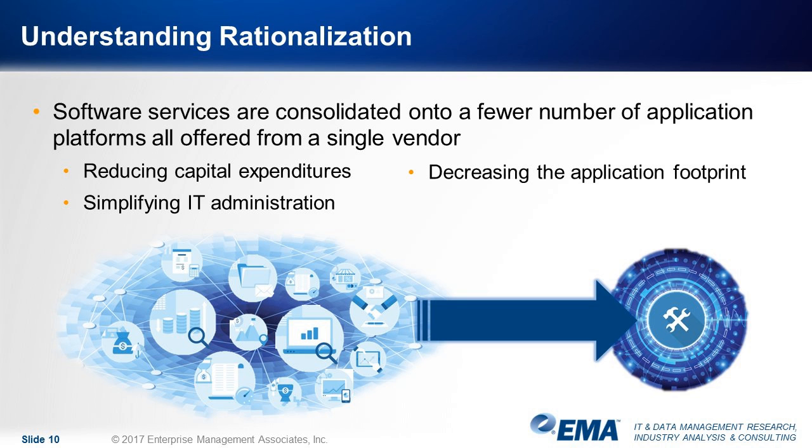IT rationalization best practices are designed to reduce the size of both the hardware and software footprints in order to simplify management and accelerate returns on investment. Consolidating software services onto a fewer number of applications, all supported by a single vendor, immediately reduces capital costs, since obviously there are fewer licenses to purchase and maintain.